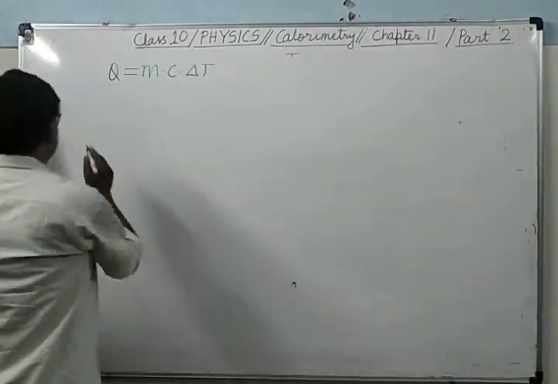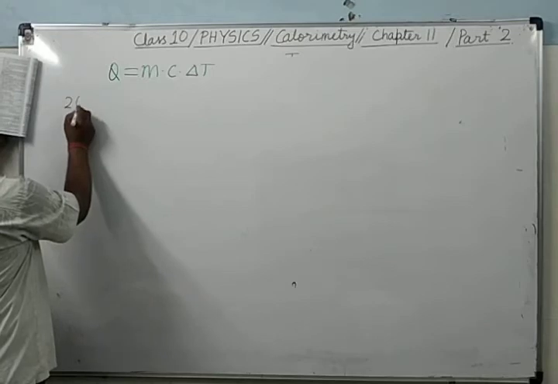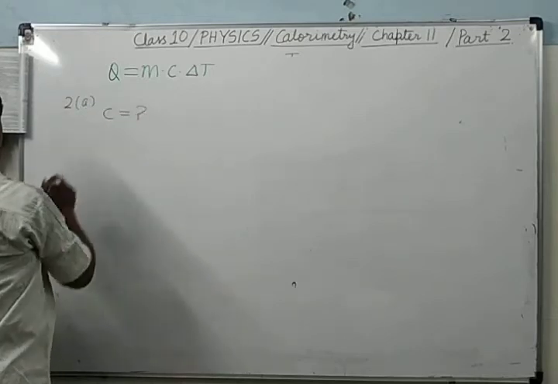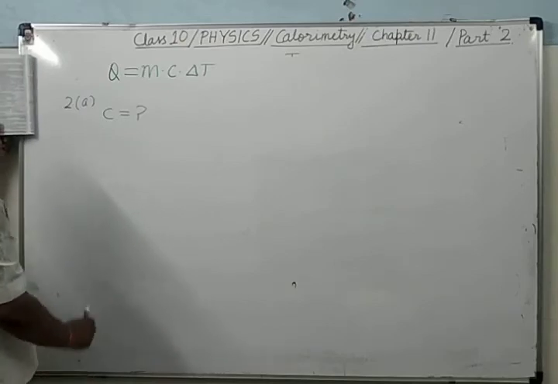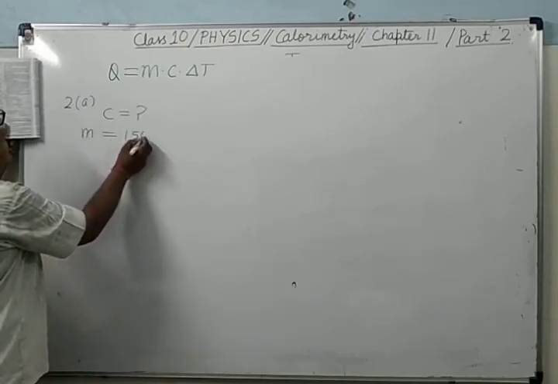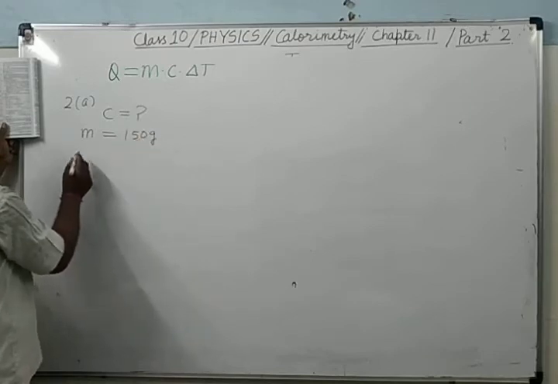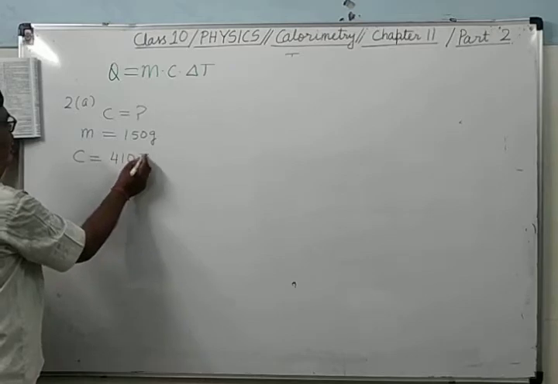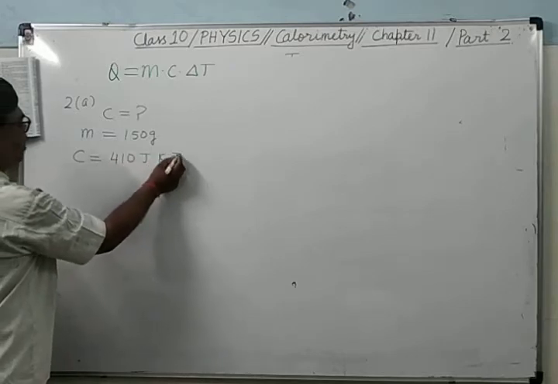Question number 2. Here A, calculate the SHC. In C you have to find, of a copper vessel of mass 150 gram. If the SHC is given, C equals 410 joule per kg per Kelvin.